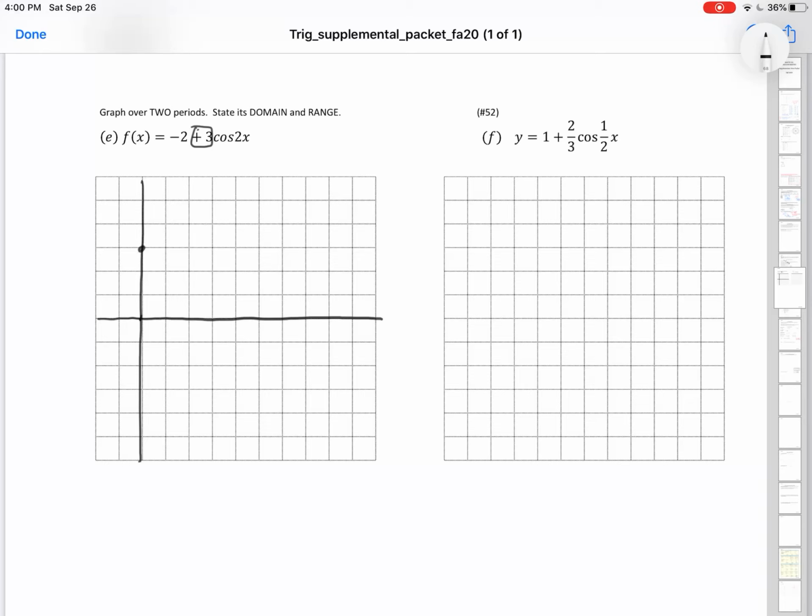Remember, cosine starts at high, so we go there and drop down to 0, then all the way down to -3. Then we turn around, come back to 0, come back up to +3, come down to 0, down to -3, up to 0, up to +3, down to 0, down to -3.